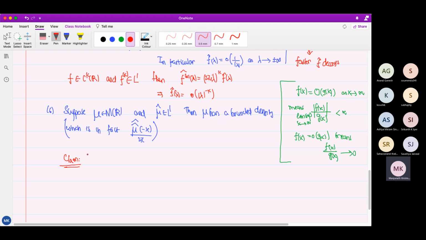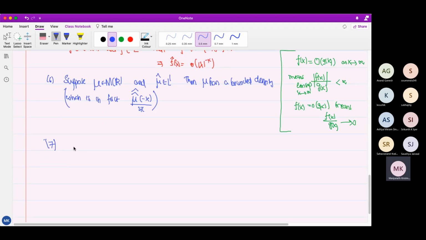Maybe this I should have said first. Okay, so maybe I'll put that as a separate point because that will follow from the next point: the Fourier inversion, which I come to for measures first. Okay, so I jumped into this decay business, but let's do Fourier inversion for measures.